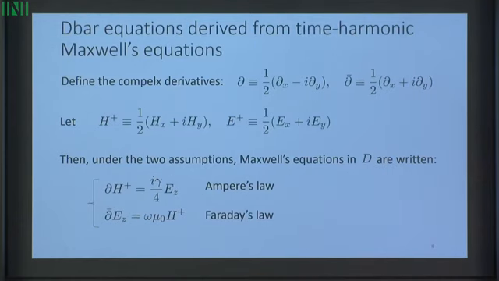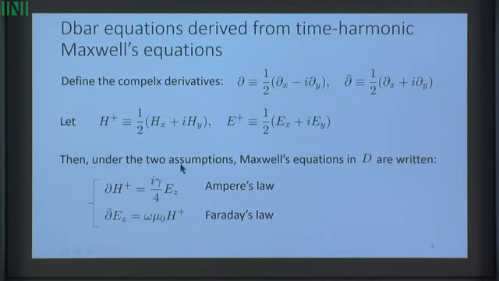Okay. So first, let us derive the d-bar equation from the time harmonic Maxwell equations. We use the complex derivative d and d-bar operator notations. H plus is given by this quantity, as I mentioned, and similarly, we define E plus, that is, the x component plus i times the y component of the electric field.